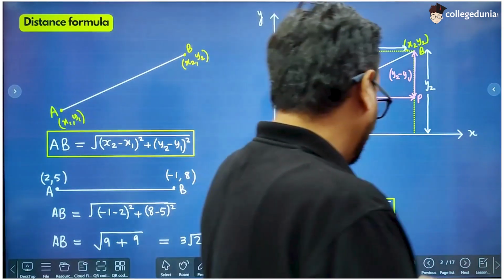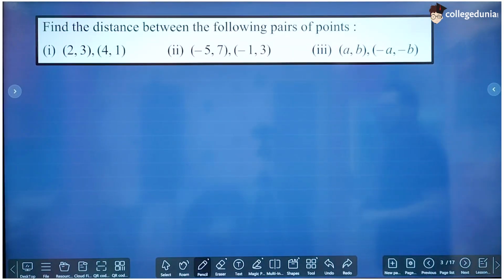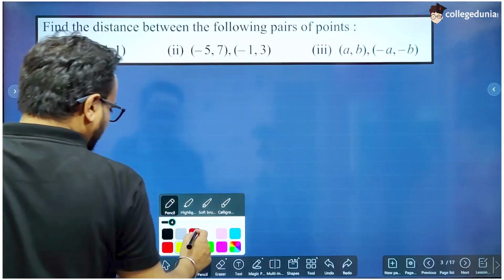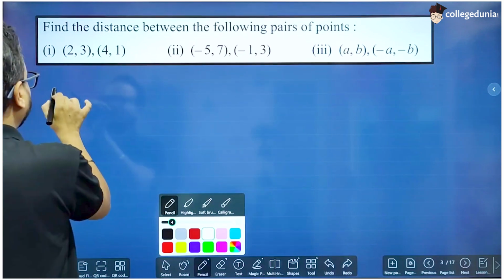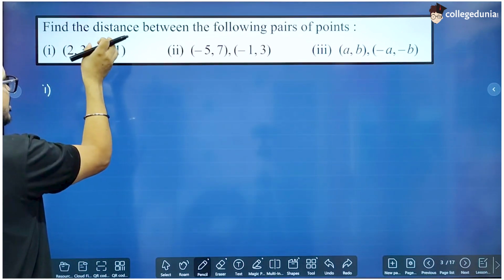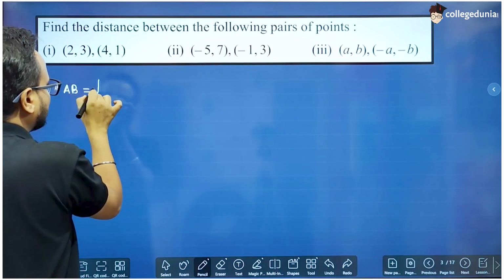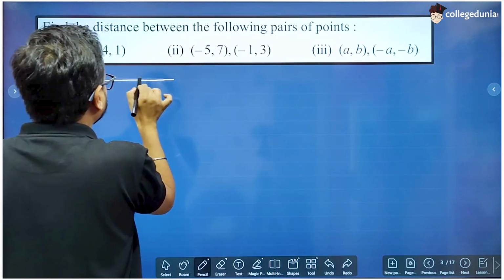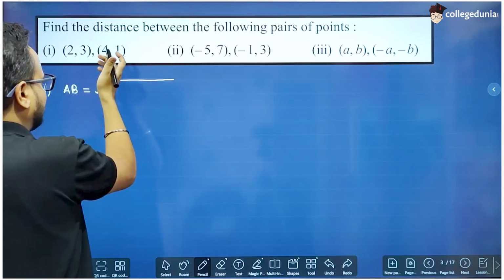Right? Okay, now let's see some questions from NCERT textbook based on distance formula. So now we have to find the distance between these three sets of points, starting with the first one. So the distance is, let's take this point as A, this as B. So distance AB is under root, take this one as x1 y1, take this one as x2 y2.